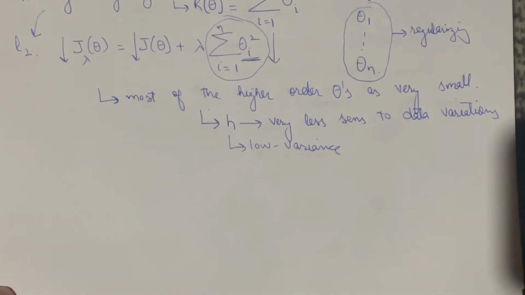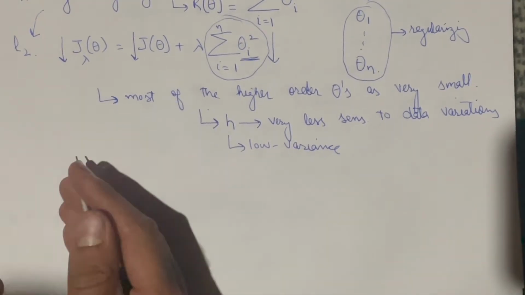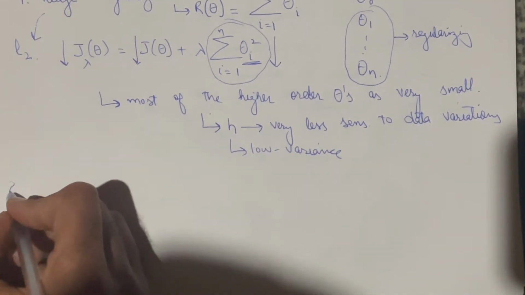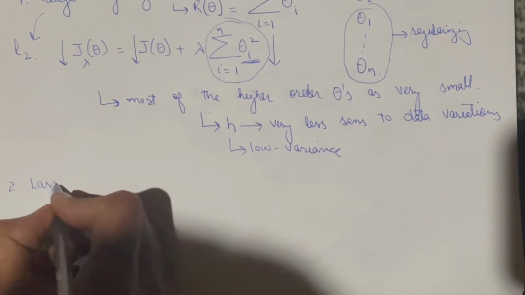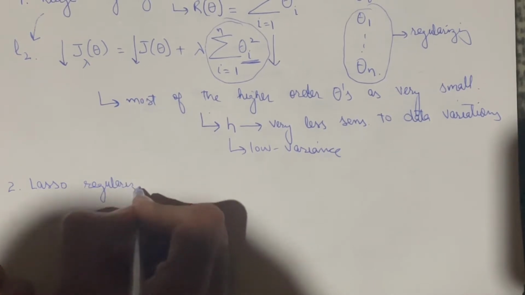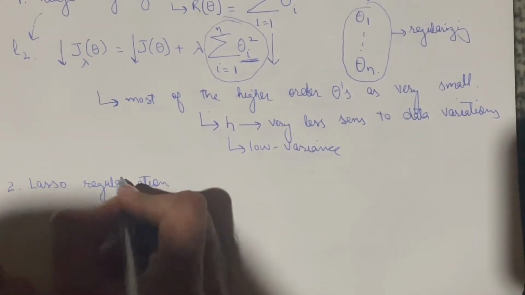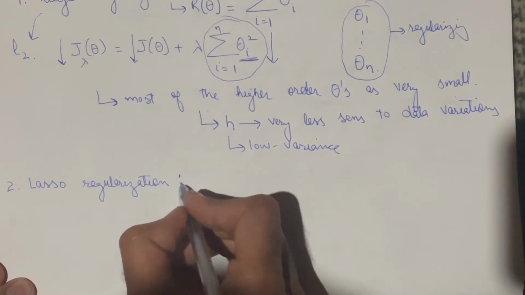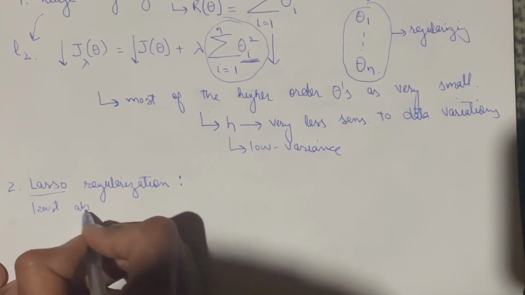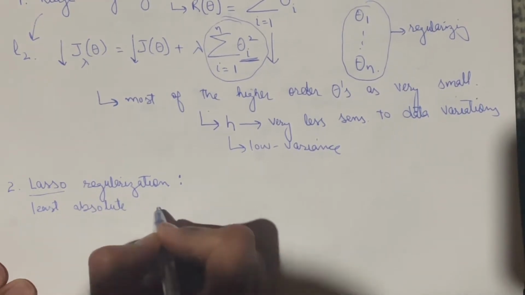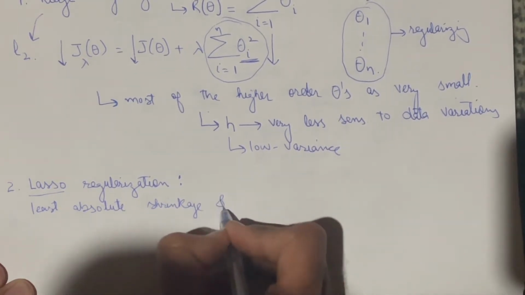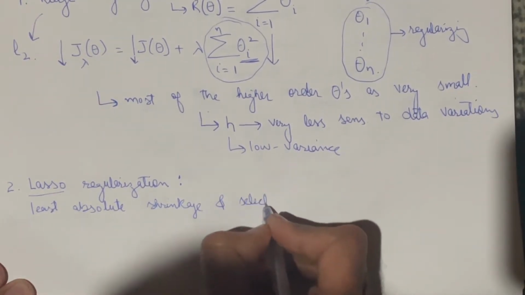Now, apart from ridge regularization, there is another kind of regularization, the second one, which is Lasso regularization. Lasso stands for least absolute shrinkage and selection operator.